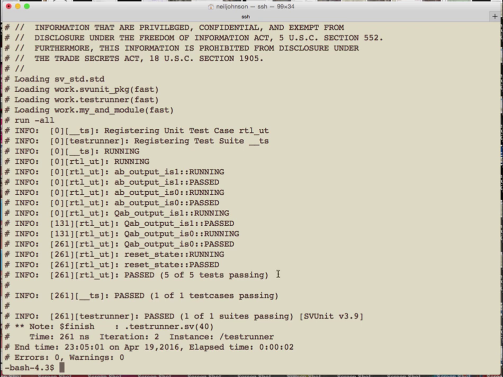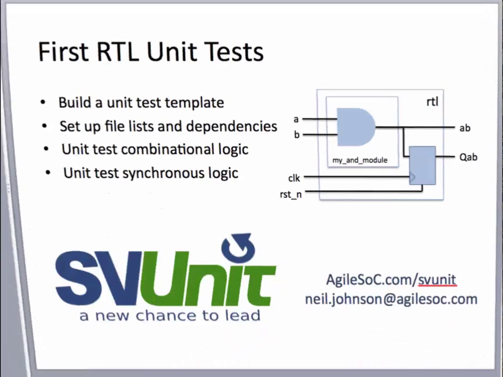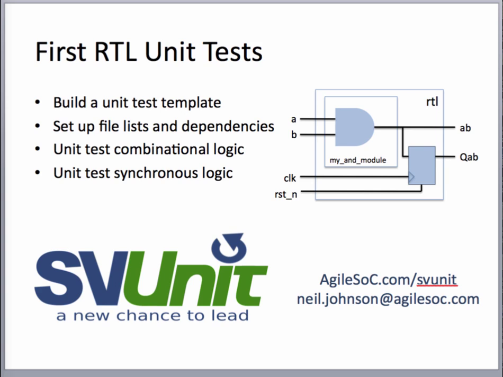So that's about it now. If you are a design engineer, I think that should be just about everything you need to get through the first few common hurdles of using SVUnit. We looked at how to build a unit test template with create unit test.